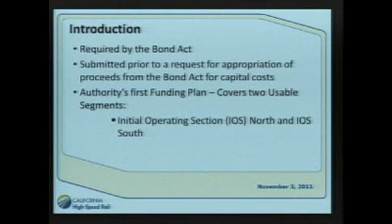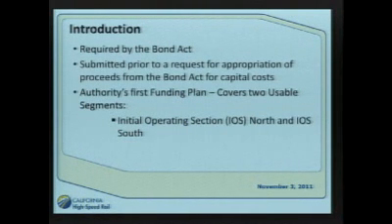Thank you. The funding plan is required by the Bond Act. It's a separate document that is very closely related to the business plan and references information in the business plan. It's submitted prior to request for appropriation, and this is the authority's first funding plan. The funding plan is required to access bond money as you move to construction.